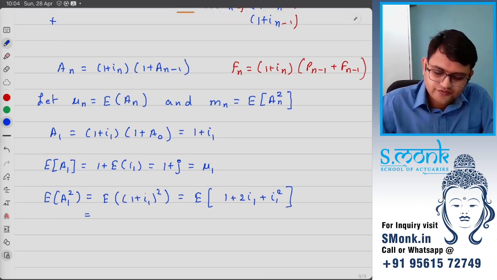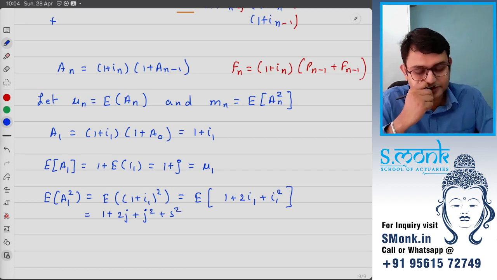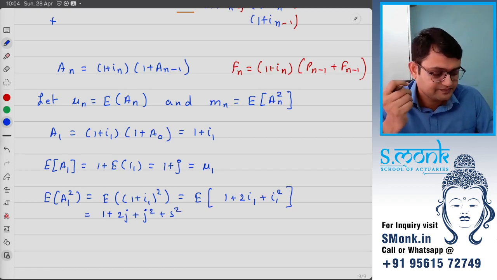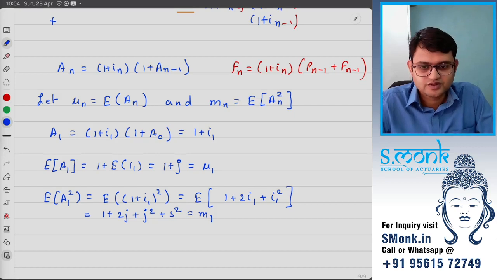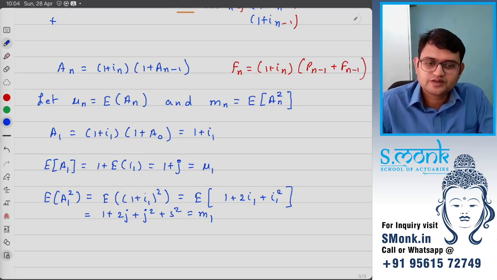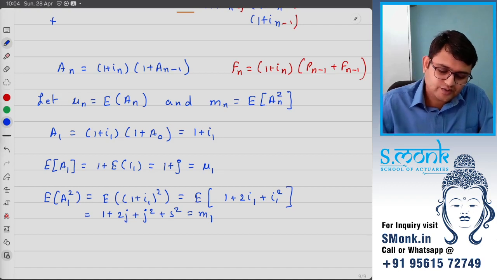We did this before. This is going to be 1 plus 2j plus j squared plus s squared. This we will write as m_1. So we have mu_1 and we have m_1. We'll also have a general term mu_n.